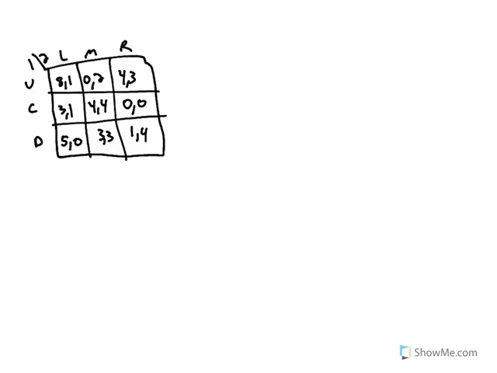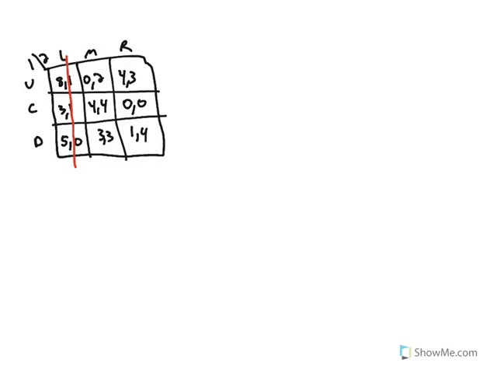Let's see. In this game, it's clear that for player 2, L is dominated by M. Right? So we can get rid of it. But there is no dominance remaining in the game. So neither M nor R are dominated for player 2.